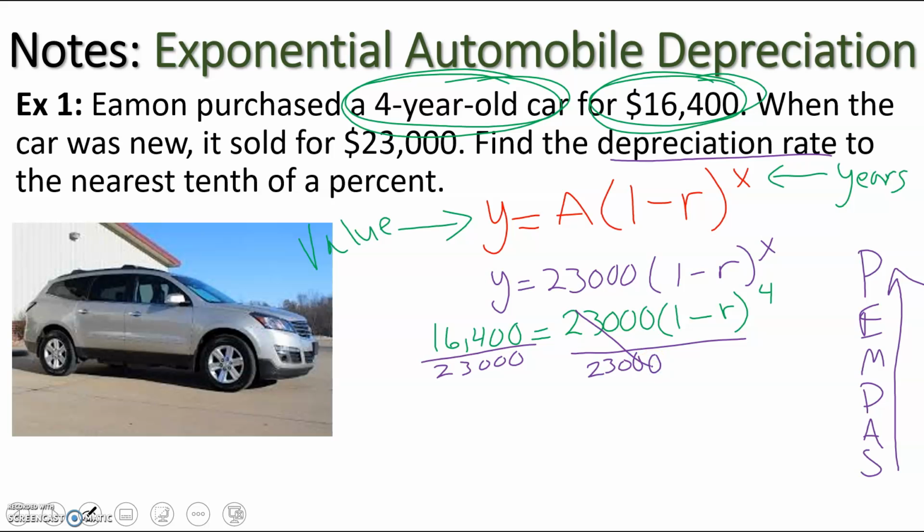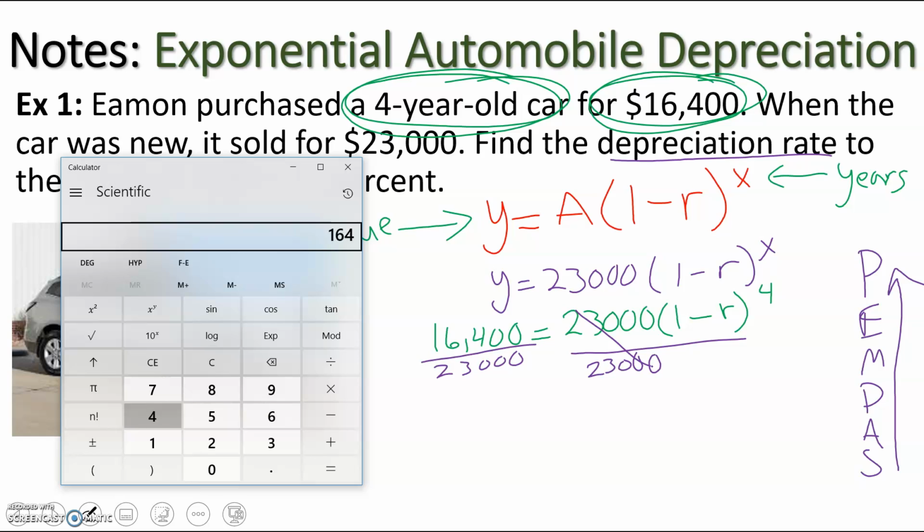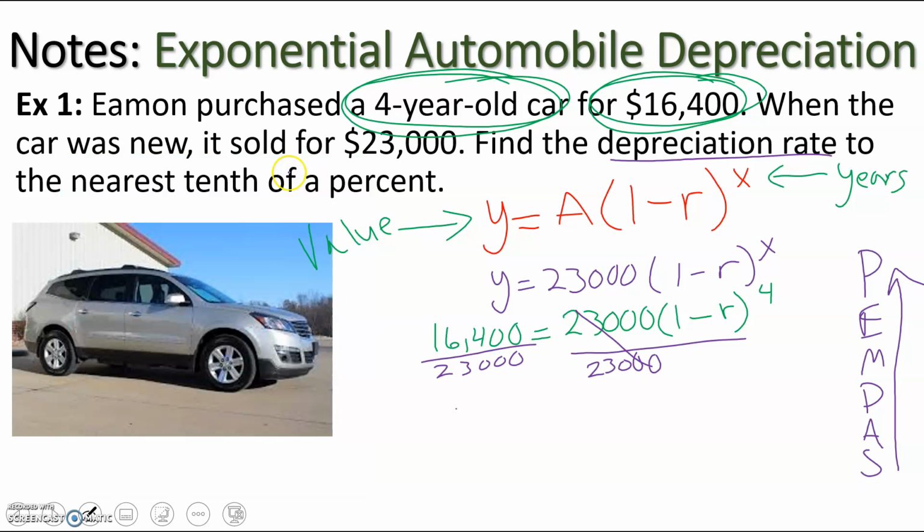The 23,000 will cancel. Now on the left-hand side, we have 16,400 divided by 23,000, and that's going to give us approximately 0.713. So 0.713 is equal to 1 minus r to the power of 4. Now we're moving up our order of operations.